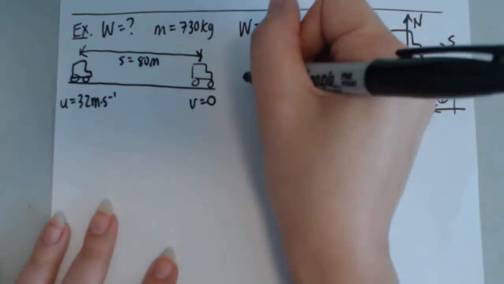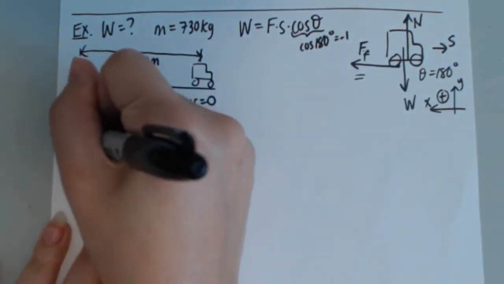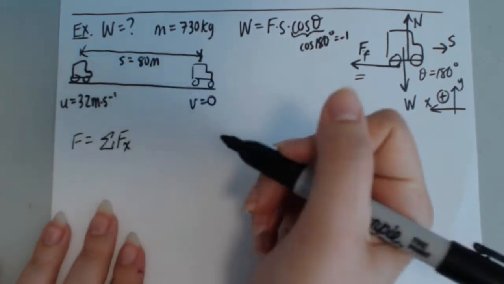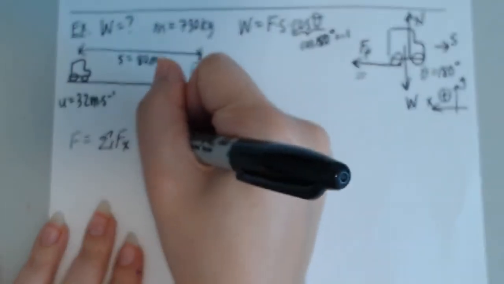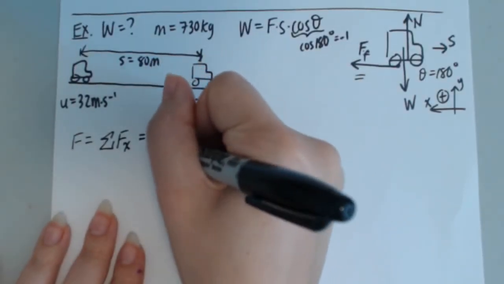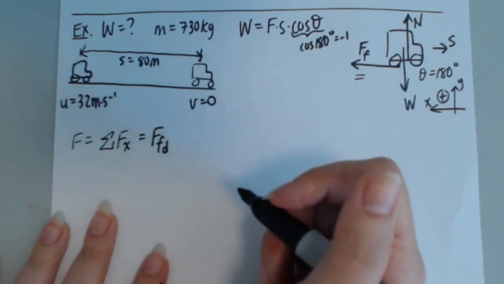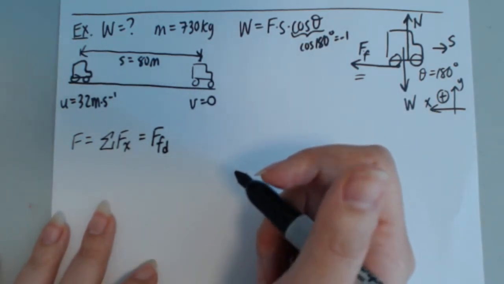So that means F is equal to the sum of the forces in the x direction, and that is going to be equal to the frictional force, specifically the dynamic friction because the car is in motion. Now, there's a couple ways I can do this.